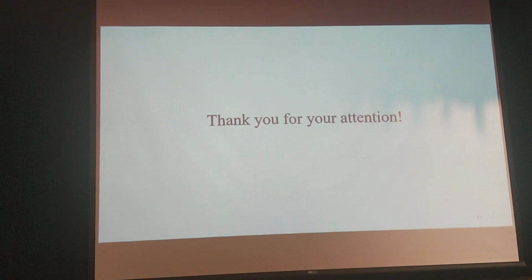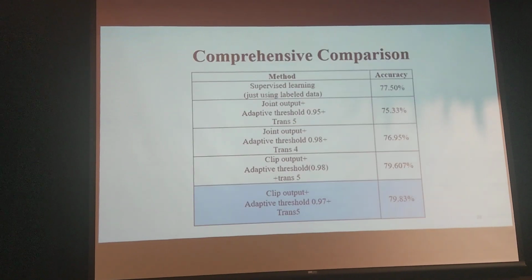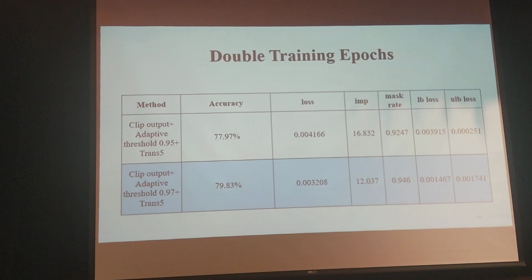Okay, my question is, what is the disadvantage of semi-supervised learning? First, it takes much more time for training. Like we talked about with double training epochs, it takes about 12 to 13 hours for training. And for normal training, it takes about six hours.